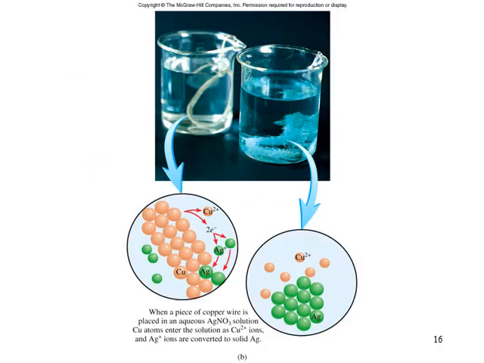So here's an example out of your textbook. This is a figure that shows copper. It looks like copper is being put down in a silver nitrate solution. So this was silver nitrate, and the copper metal was put down in there. And then what is showing down here in the schematic is that copper goes into solution, silver comes out of solution.